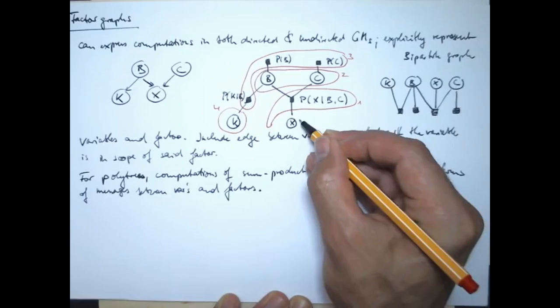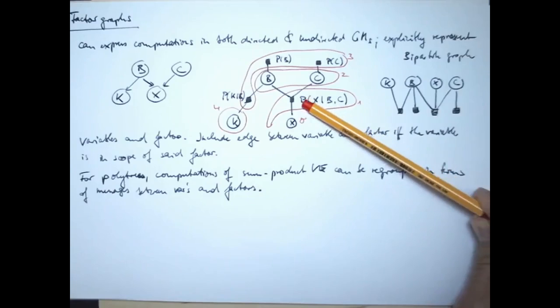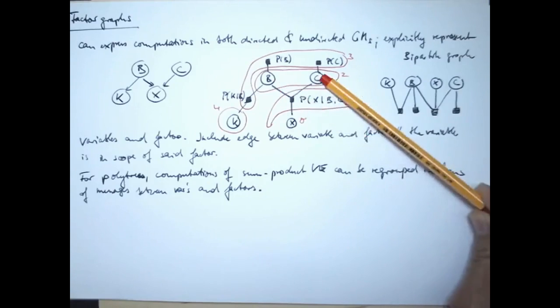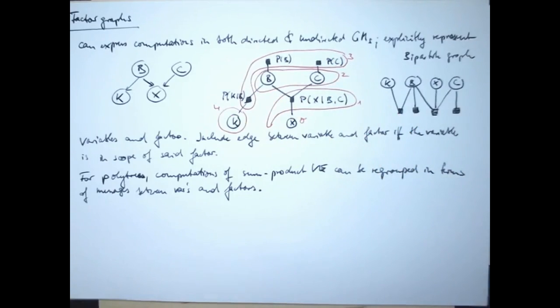So here we have distance 0. And because we are traversing a bipartite graph, at odd distances I always have factors, at even distances I have variables, and so on. So I can stratify even much bigger graphical models always with respect to their distance from a particular node that I'm interested in.